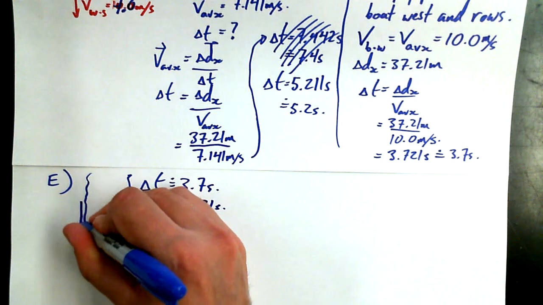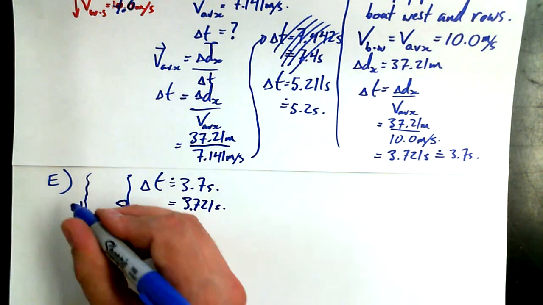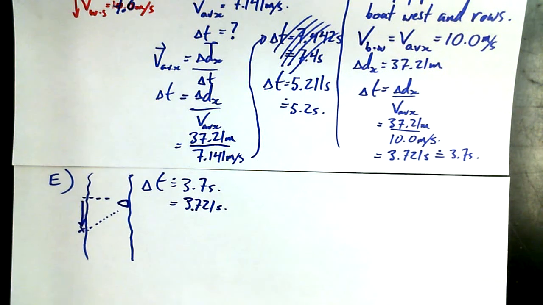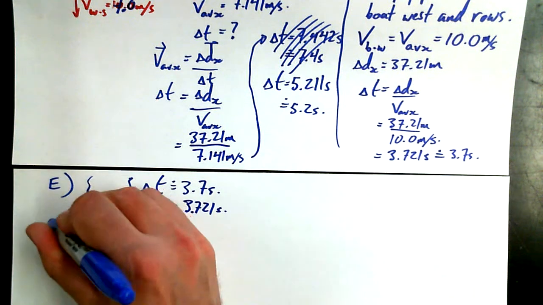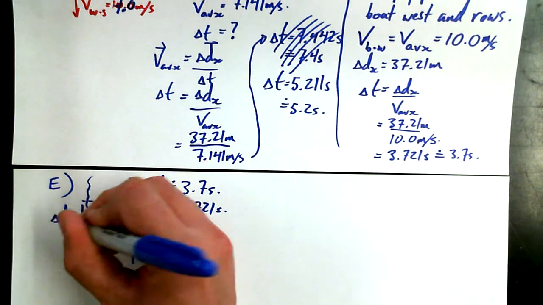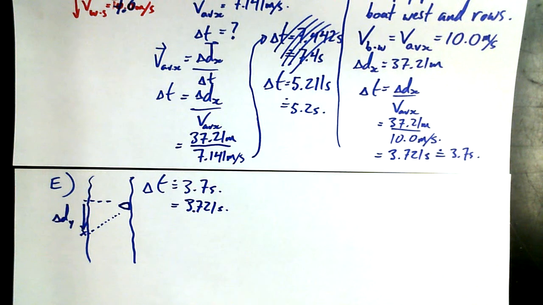I'd like to know how far it's going to get washed downstream from where it started. It's got 3.721 seconds to have it happen. But I want to know how far. And when I talk about how far, I'm saying delta D in the y direction. If I'm saying displacement in the y direction, what velocity do you suppose is going to achieve that displacement?